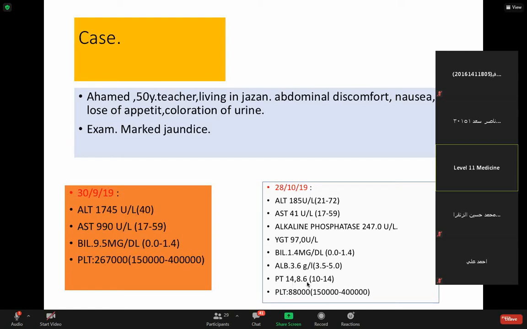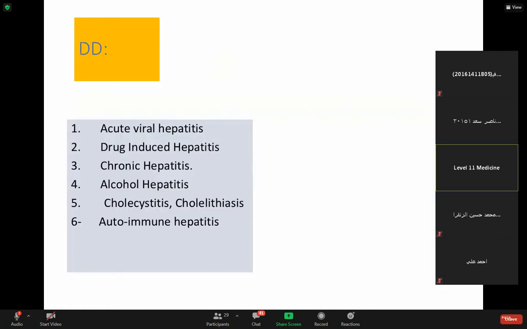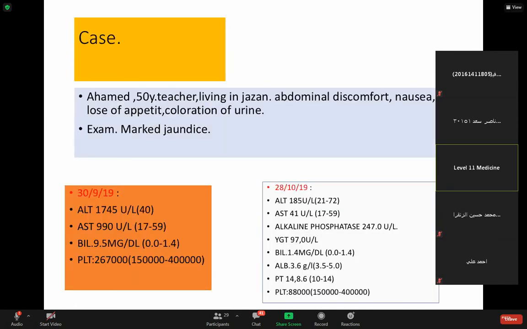Sorry, this is the PT, is 14, it's normal, and platelets are 88,000 only. So, what do you think going on? What's our differential so far?